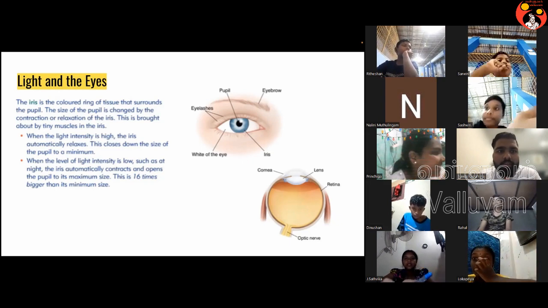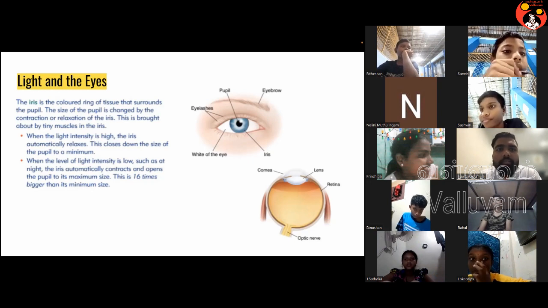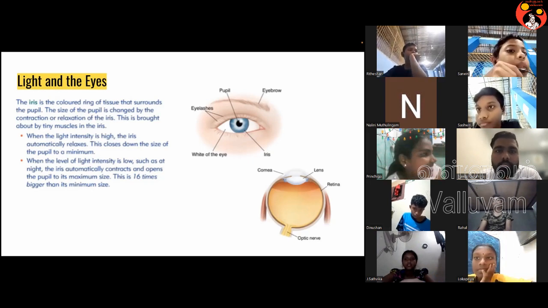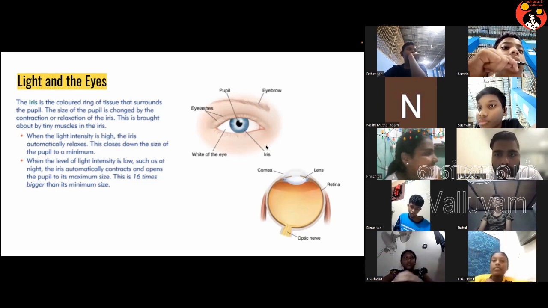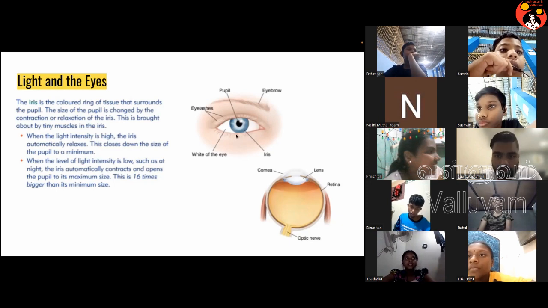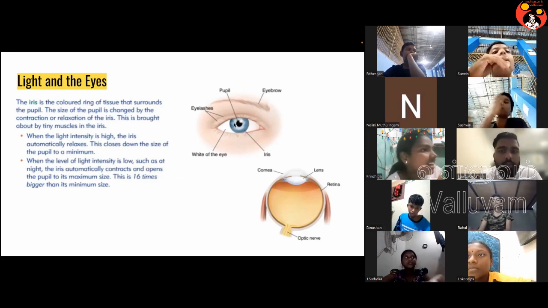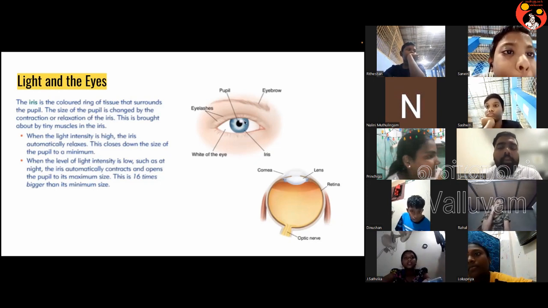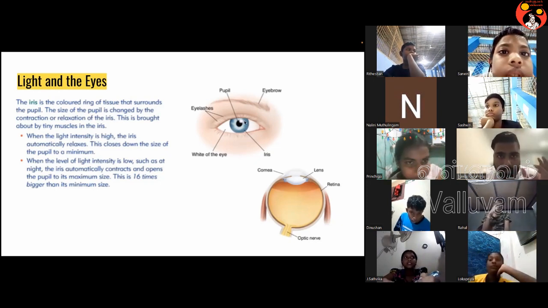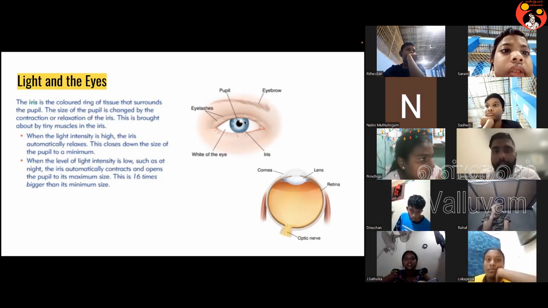No, it doesn't. I can't understand what I'm saying, sir. But is the iris that we call iris that are blue? The blue part, correct. Oh, yes. Okay, sir. So like we don't see using the blue part, we see using the black part.